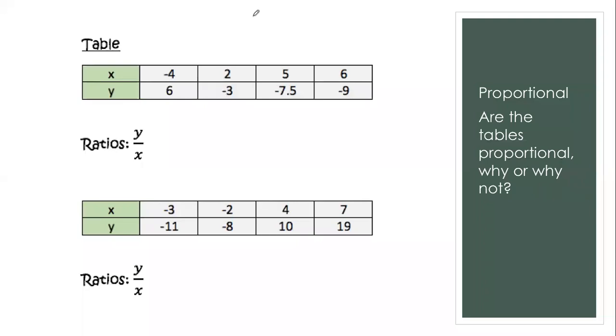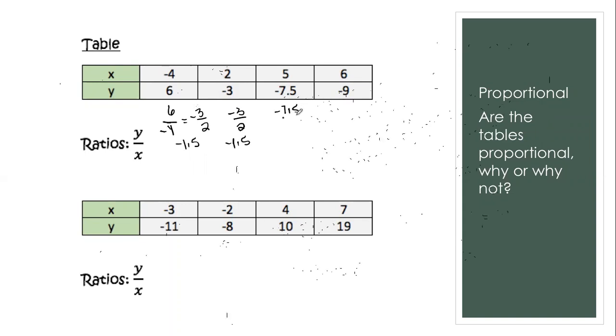So I'm looking at the ratio between y and x. 6 over negative 4. That is negative 3 over 2. Here I have negative 3 over 2. I'm just going to reduce these into fractions. Well, I'm pretty sure that's negative 1.5. So we can go ahead and put this is negative 1.5. This is negative 1.5.